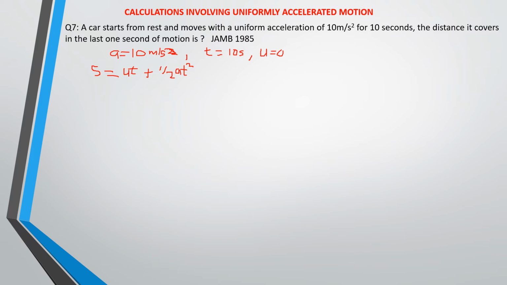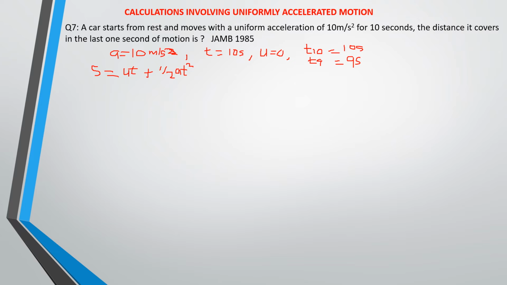So in this case, I will have two times that we're going to use: time for 10 seconds, t10, and time for the 9 seconds, t9.